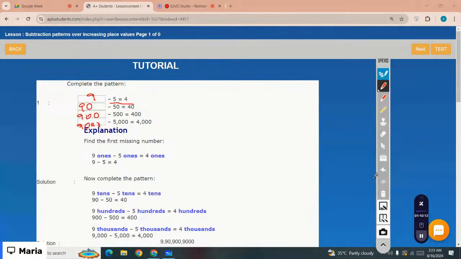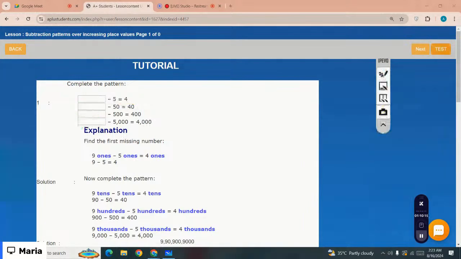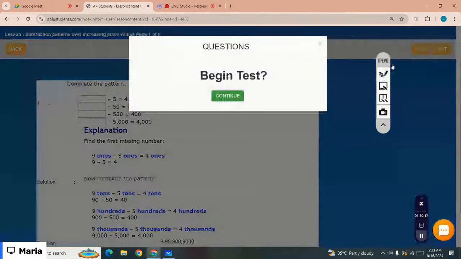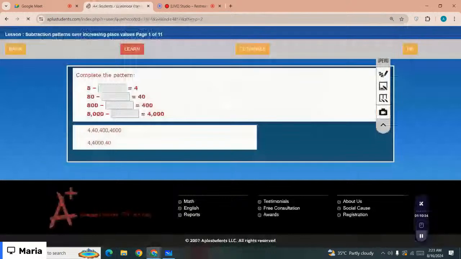Let's just start with the test questions. Complete the pattern. Which number is missing? Which is the correct option?